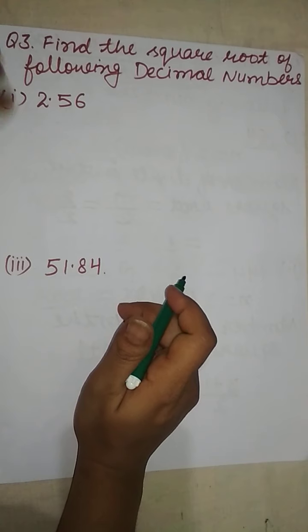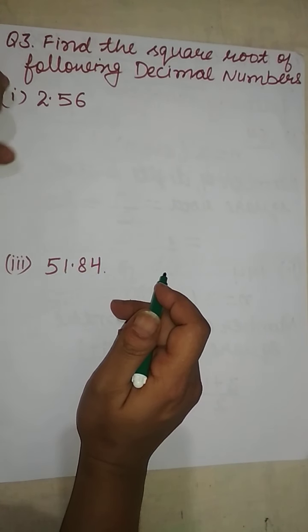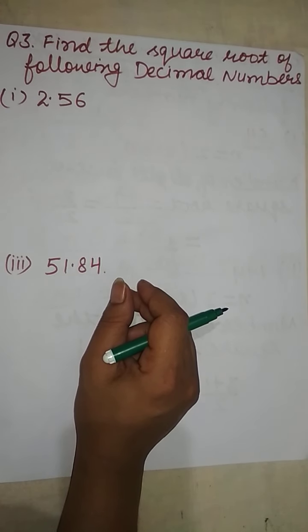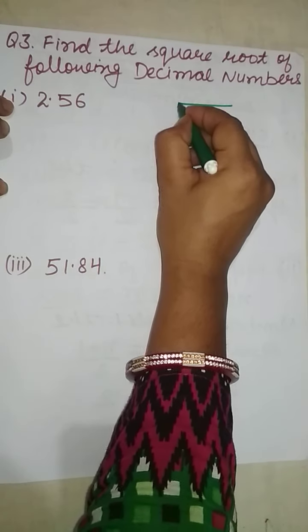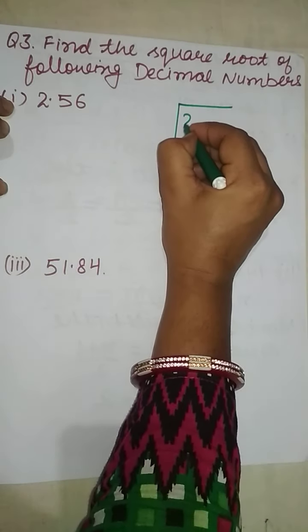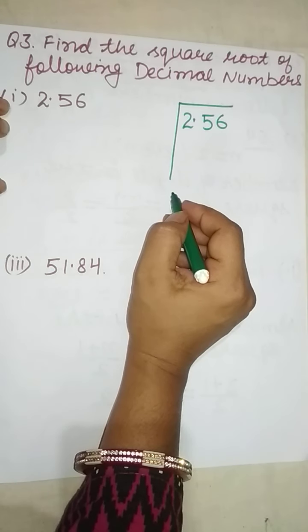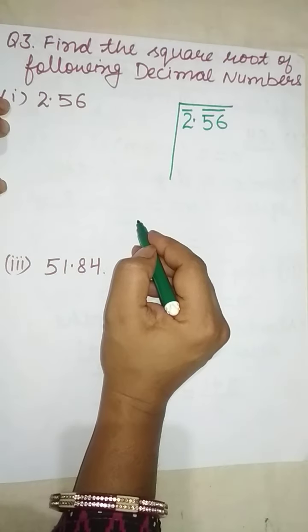Next question is, find the square root of the following decimal numbers. Students, these questions are again exactly the same as question number 1 except the decimal. The way to solve the question is the same. Simply I'll write the number as I did in the first question. Now I'll make the pairs, as these are 2 numbers and this is the single digit.